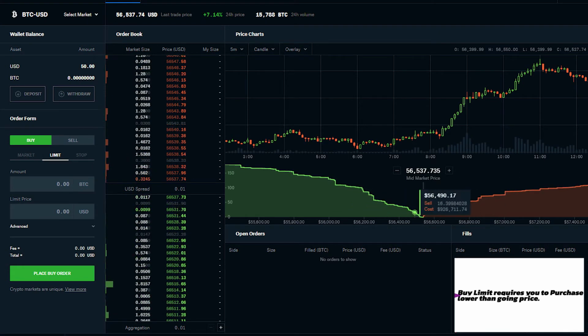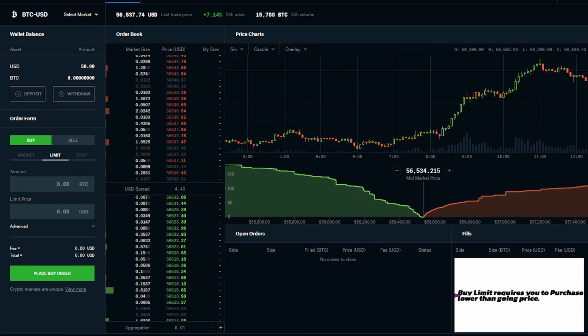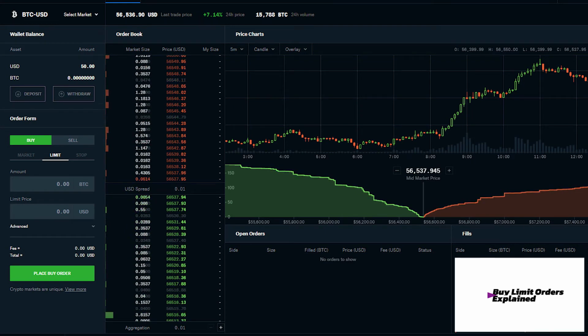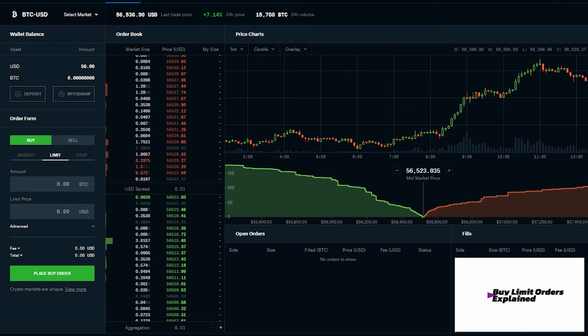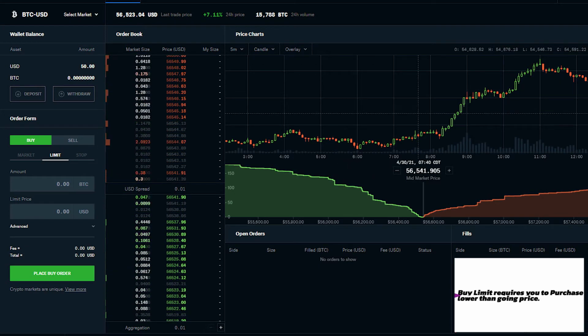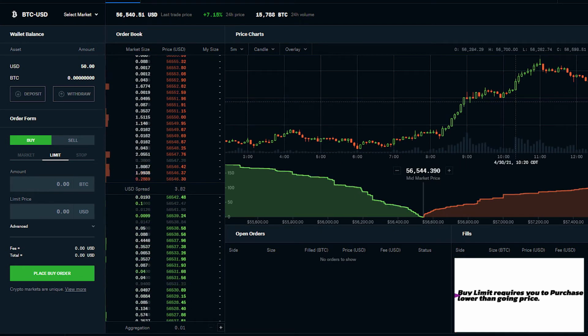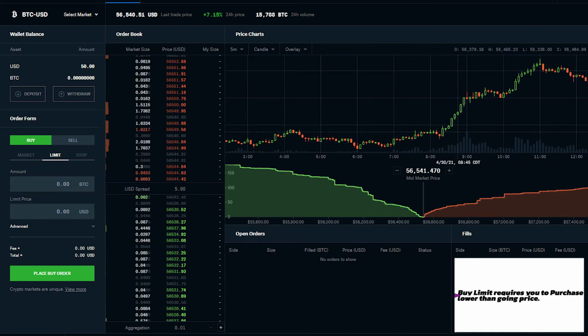So the current market price right now, as you can see on the screen, is 56,536. So we have to do one cheaper than this because we want to buy the dip, because we are expecting the price to go down here pretty soon. So let's just do 54,728.